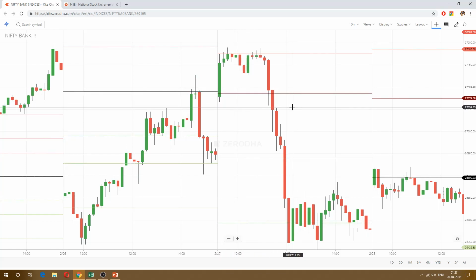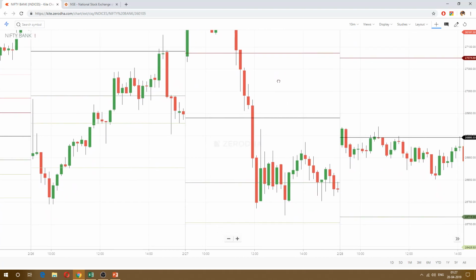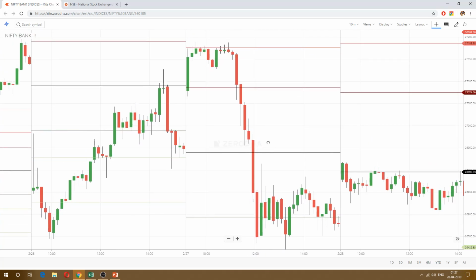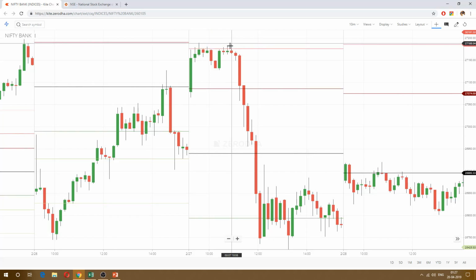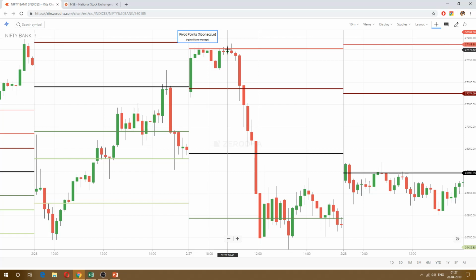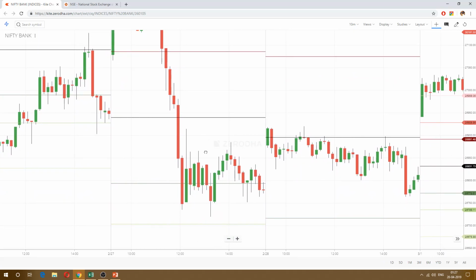It breached here. Even if you are not willing to sell here, you will definitely enter here as a seller, and boom, down all the way here. So it dropped from 27,170 to 26,750, like 300 points at least, 300 points easy.